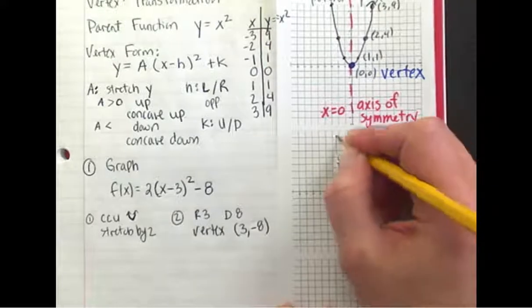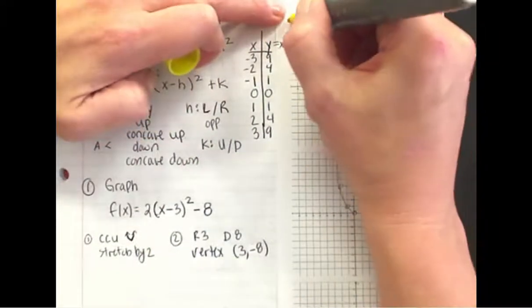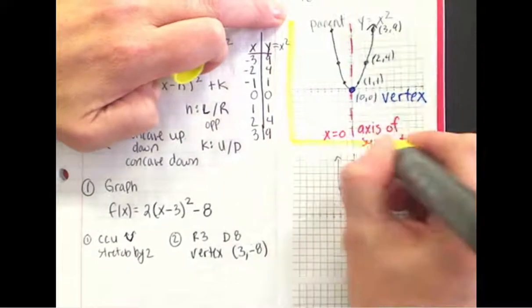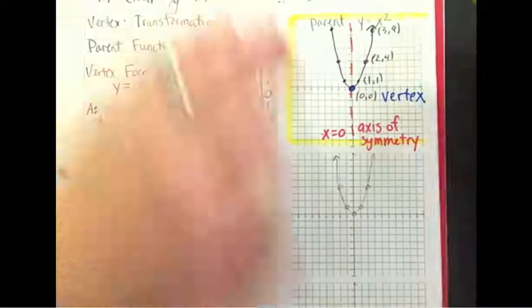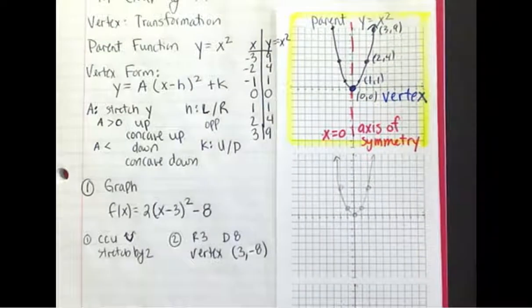I kind of have to know where I'm going to start. Otherwise, I don't know what shape I'm moving around. This is something you have to memorize. You have to know the shape of the graph.